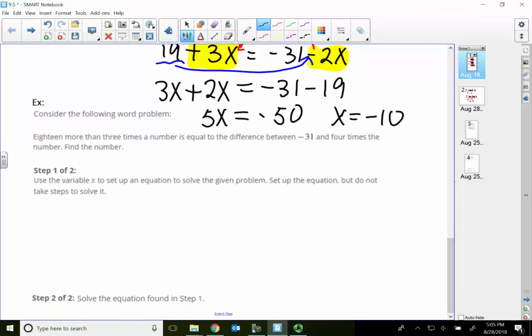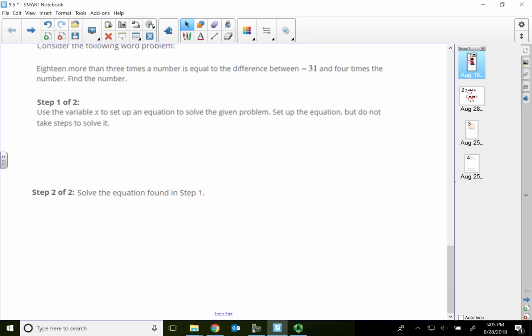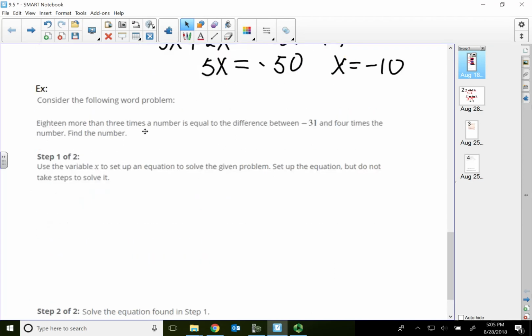Now, this example here separates my whole translation into multiple steps. So here is the sentence I need to translate. Use a variable x to set up an equation to solve the given problem. Set up the equation, but do not take the step to solve it. So step 1 out of 2 just wants me to set up the equation.